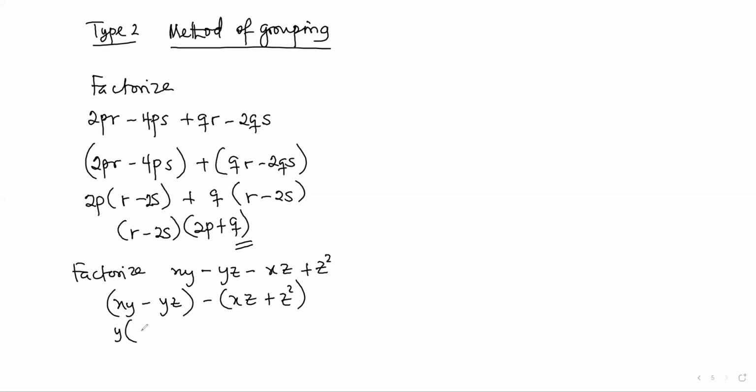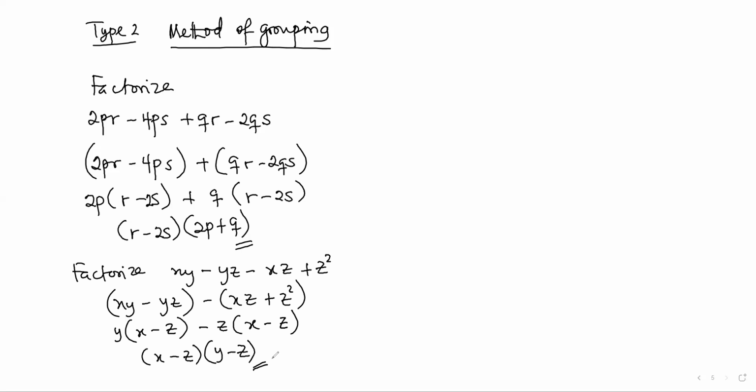We have y being common, and we'll be left with x - z. If you look at this one, we have z being common. We're left with x, but over here it is positive. So negative times what will give you positive? Negative times negative gives you positive. So here will be minus z. And as I said, the brackets should be the same. Since they are the same, I can pick one of them. Then outside the parentheses, which is y - z, also in one bracket.